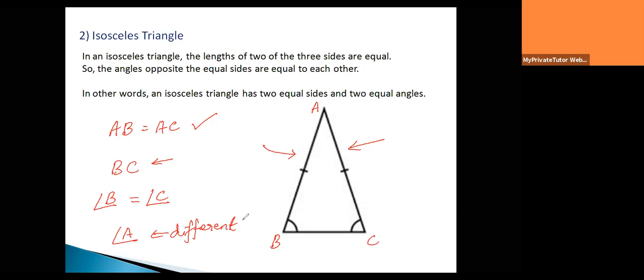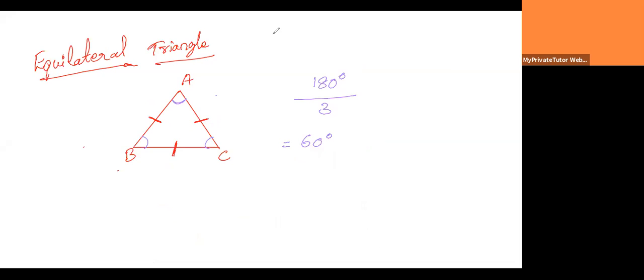If two angles of a triangle are equal, then it is isosceles. If two angles are equal, obviously the two sides of that triangle are equal. What I mean to say, guys, let's go to the whiteboard. Let me explain the.